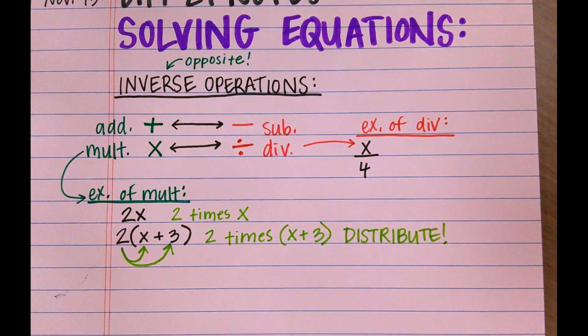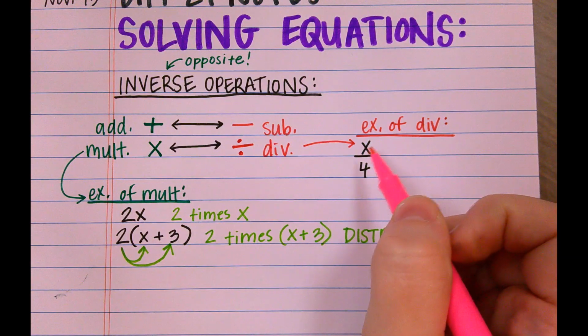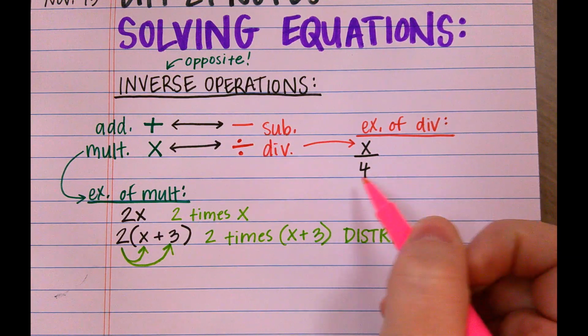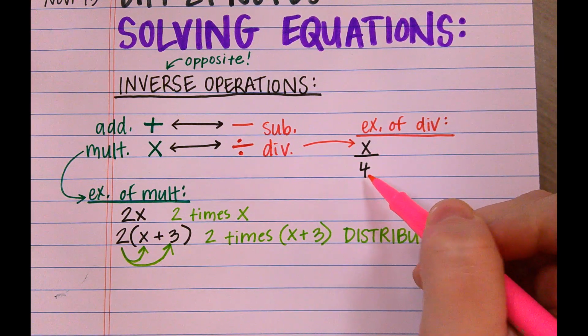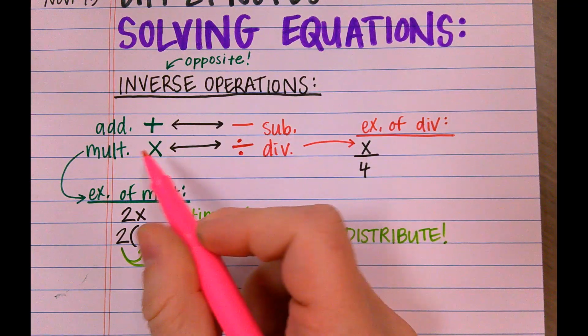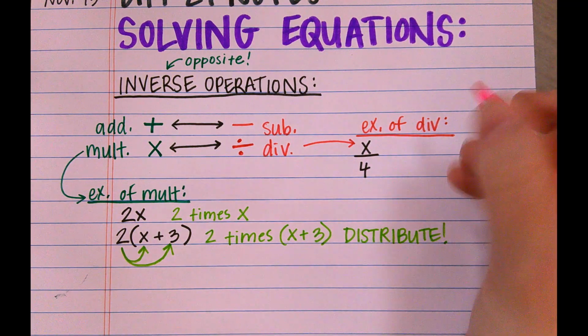What does this mean? There will be a number eventually where x is. But what operation is happening here? Division. It's just x divided by 4. So if I wanted to get rid of something like this, we use the opposite and we multiply by 4. That would get rid of this 4 that's being divided.